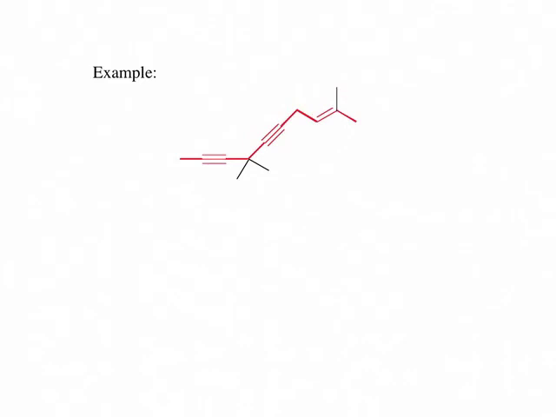The numbering here is a complete tie in terms of the functional groups. So when that occurs, what you do is the double bond has the priority. The alkene has the priority. What that means is we will be numbering from the alkene side. So 1, 2, 3, 4, 5, 6, 7, 8, 9.